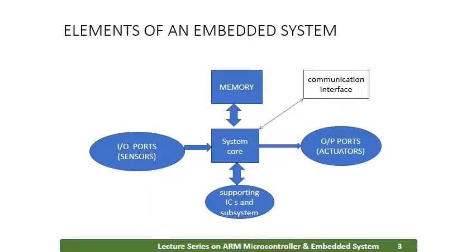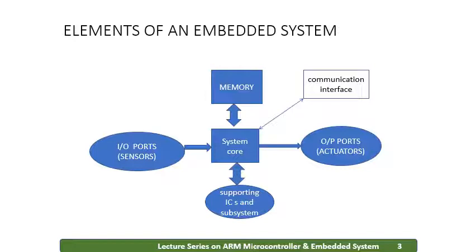So this figure is actually a representation of what all should be there in an embedded system. As you can see, here we have the system core, we have IO ports, we have supporting IC, and then we have output ports. The core communicates using the communication interfaces. Whenever I get an input from the sensor via the IO port, it communicates with the system core where it gets the data.